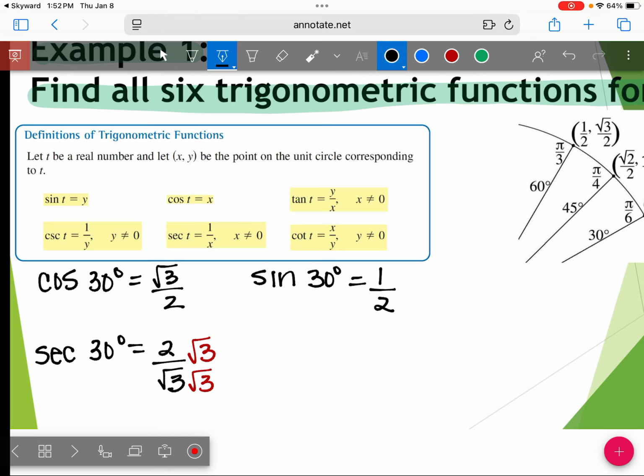So when you do that, we get 2 root 3. And then 3 times 3 is 9, right? And what's the square root of 9? 3. So what I just did was I moved that 3. We can't leave it there. This is called rationalizing your denominator. So now we got 3 of the 6.